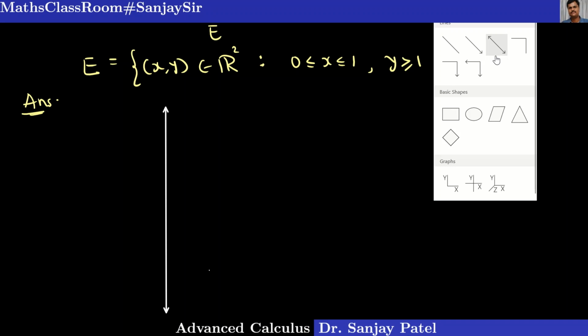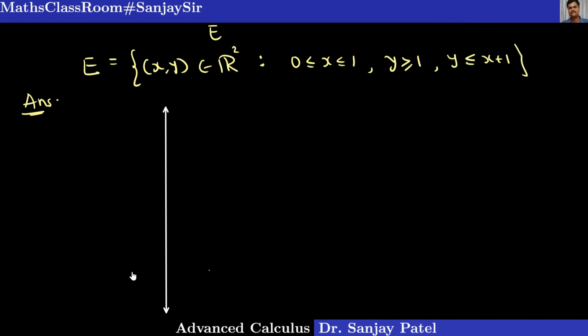So this is our x-axis, this is y-axis, this is origin, and we have 0 less than or equal to x less than or equal to 1. So x lies between 0 and 1.